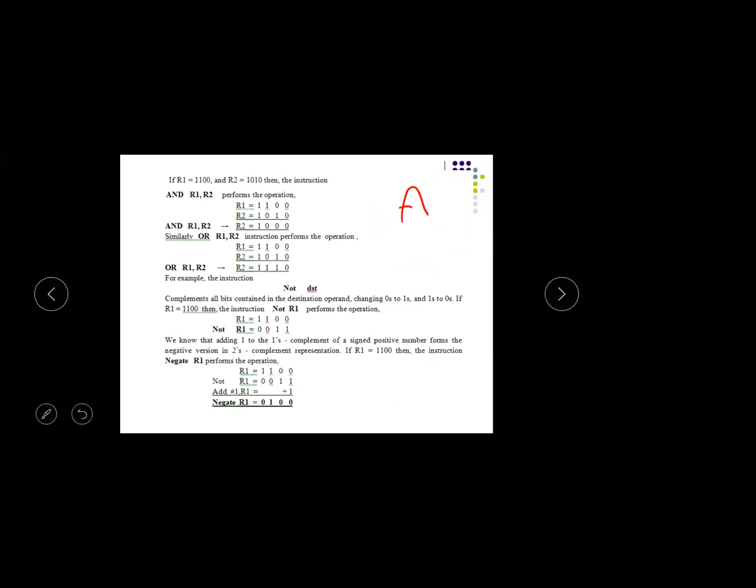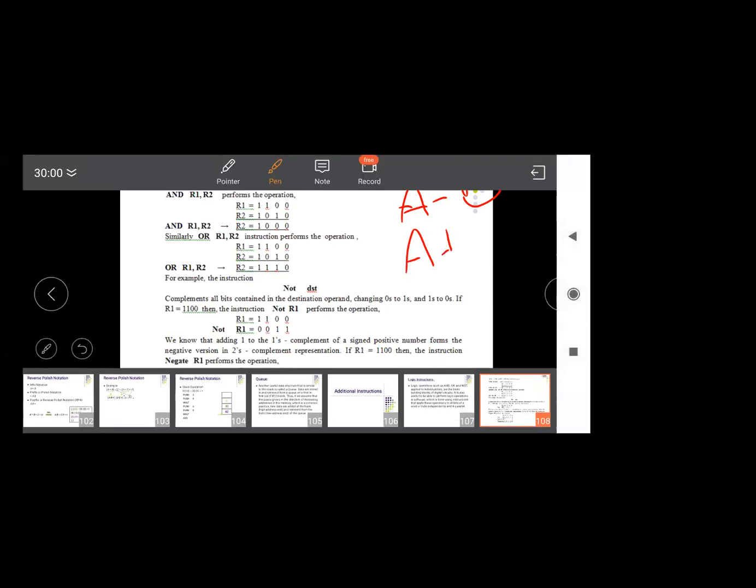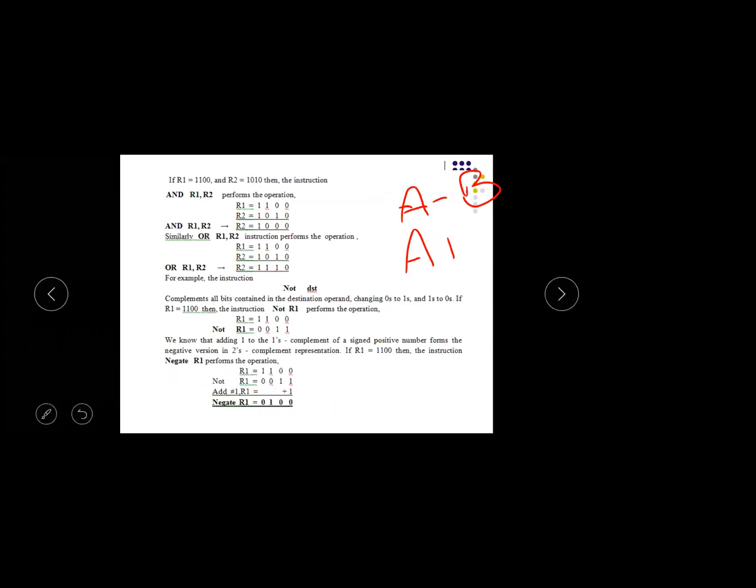To perform A minus B, A minus B can be written as A plus minus B. And minus B is the negation of B, which is the 1's complement of B, B bar, plus 1.